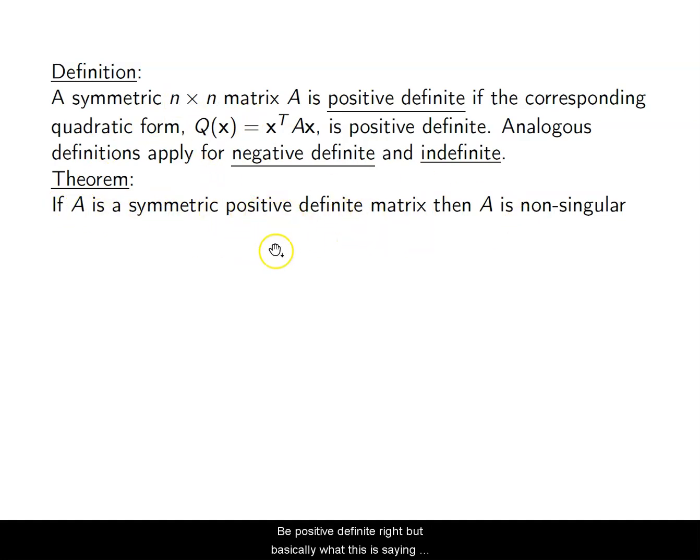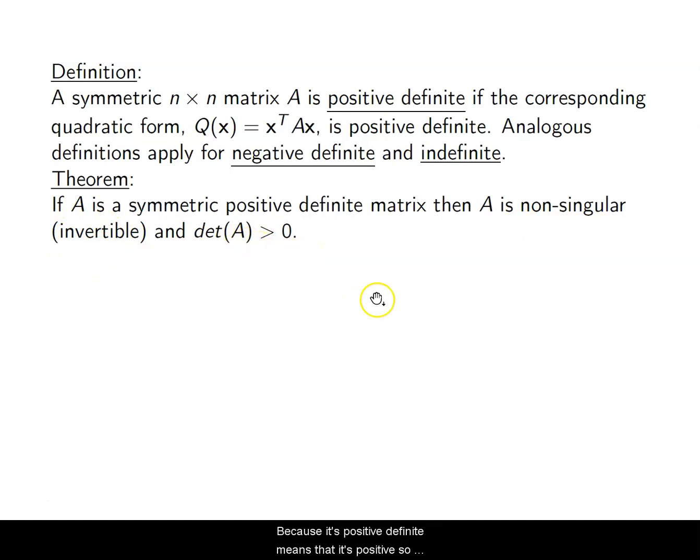But basically this is saying that if you are a positive definite symmetric matrix, then you are invertible. Remember, singular means that there's no inverse, the determinant is 0. So this means the determinant is non-zero and you can invert your matrix. So A non-singular means you are an invertible matrix and that your determinant is positive.